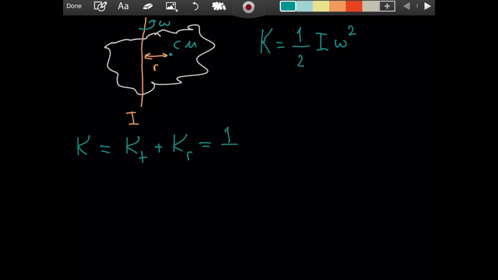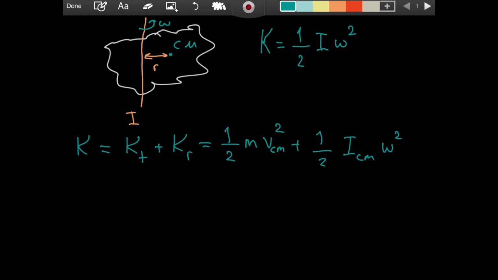It will be 1/2 m v², where m is the mass, v is the speed, and we put the subscript cm, the velocity of the center of mass. Plus 1/2 I_cm, the moment of inertia about the center of mass, multiplied by ω².